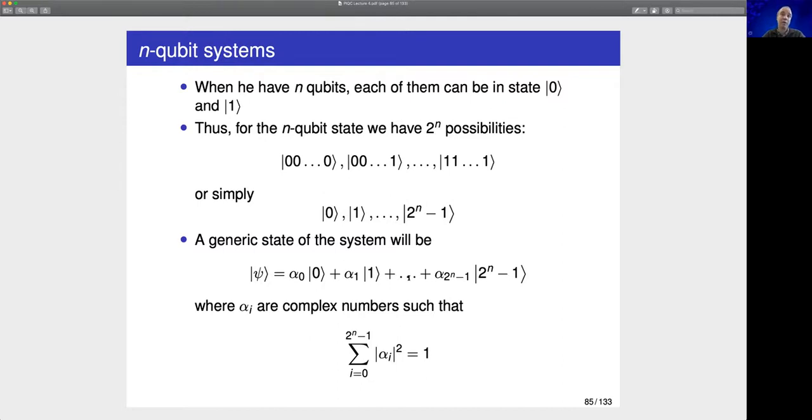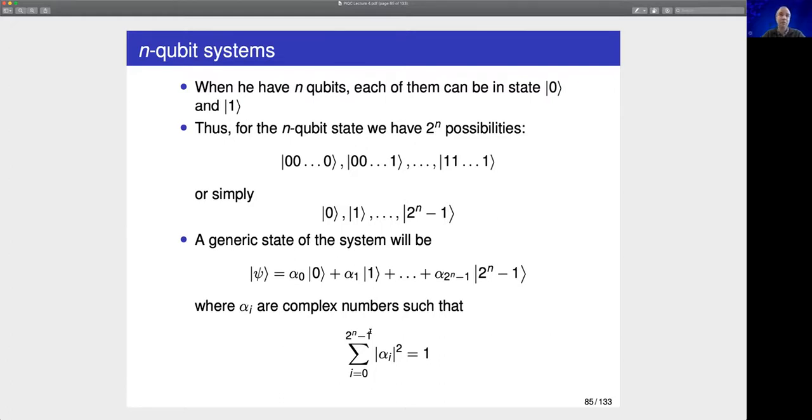And we know that for this to have physical meaning, for this to be a real state of an n qubit system, we need this normalization condition. We need that the amplitude squared of the different possibilities add up to 1.